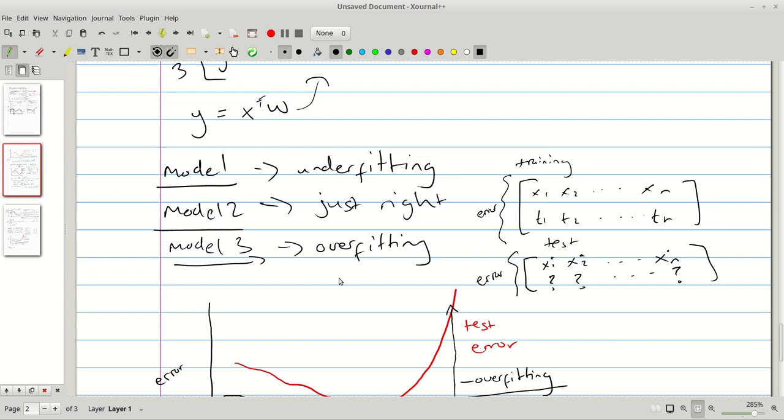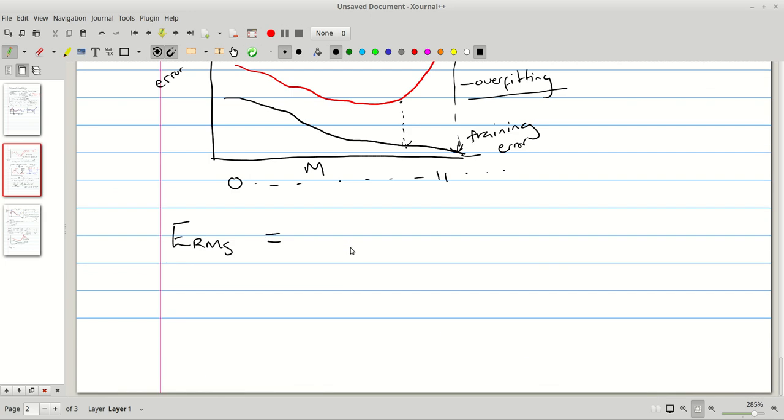But now there's something known as the root mean squared error, which is the square root of 2E(w*) divided by n, where w* is the optimal weights that we need to find, and n is the number of sample points or dataset points. So this is called the root mean squared error.